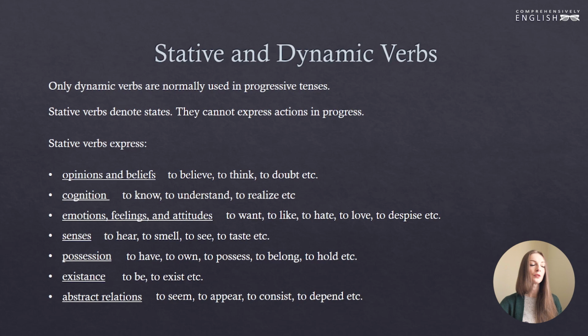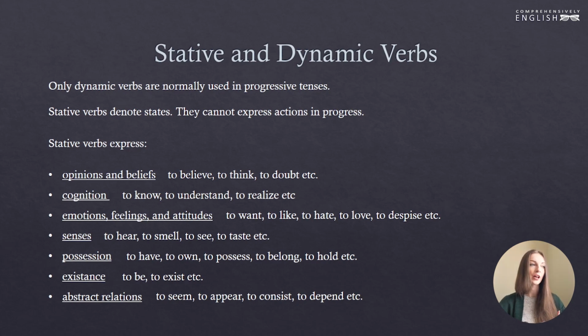It's better to follow this principle. Those verbs that express intentional action, deliberate action, something that you can do willfully, can be used in progressive tenses because all dynamic actions are intentional.